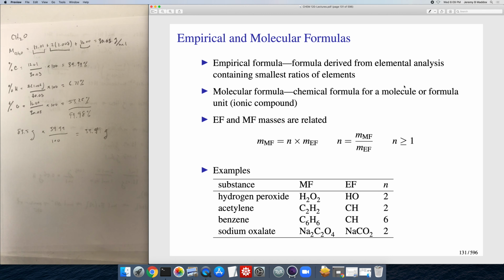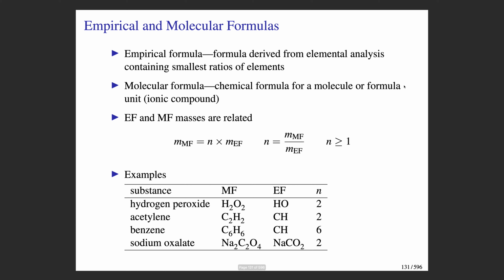Well, the next slide here goes back to this idea of an empirical formula. We talked about it briefly in one of the previous videos. Here I'm stating the definition again.